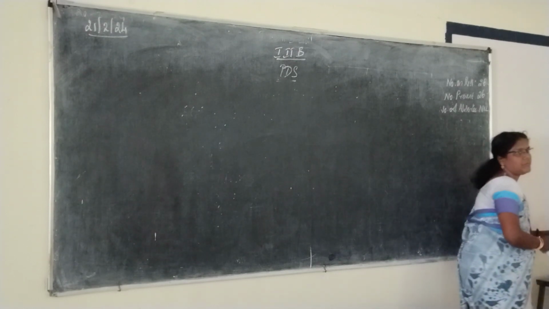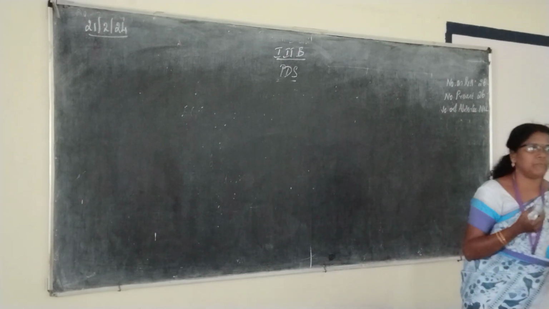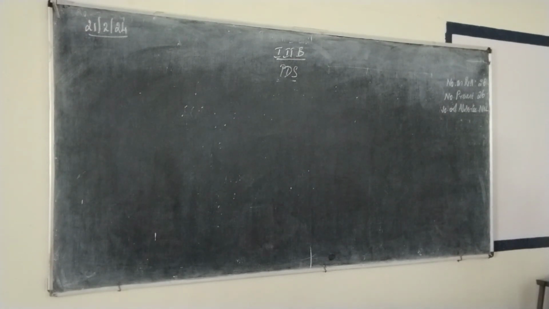D-I-E, die. Dice is something like the same. Find the MGF, and hence find the mean and variance of X.